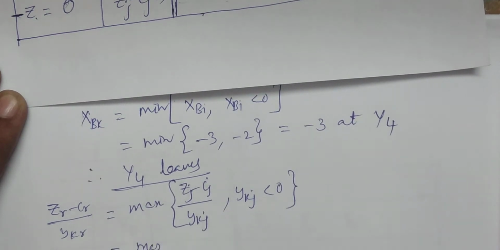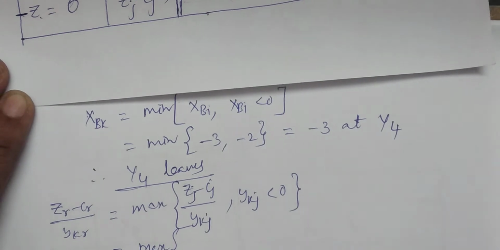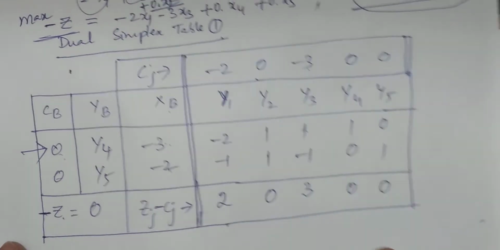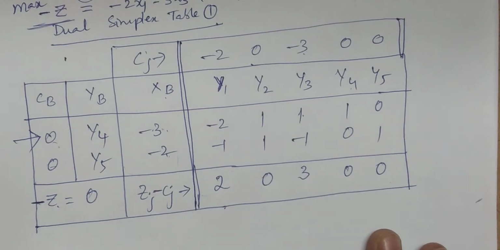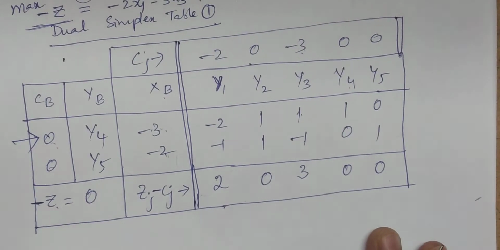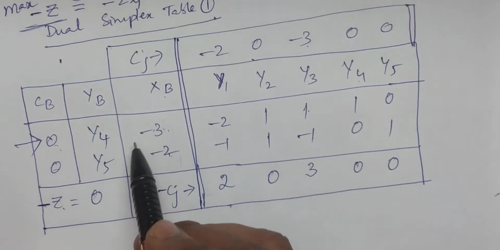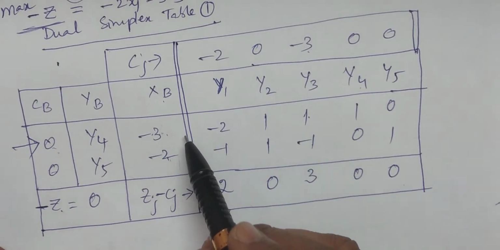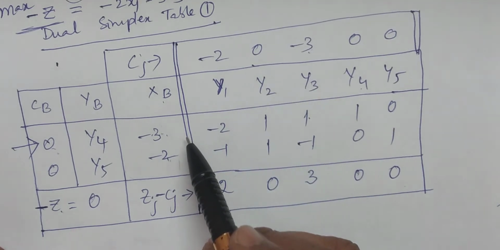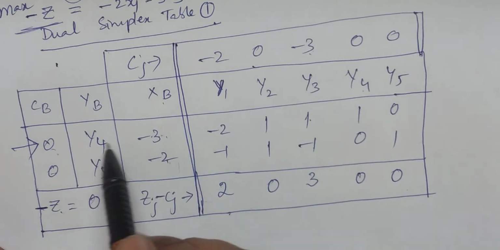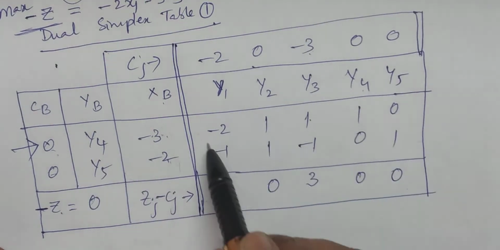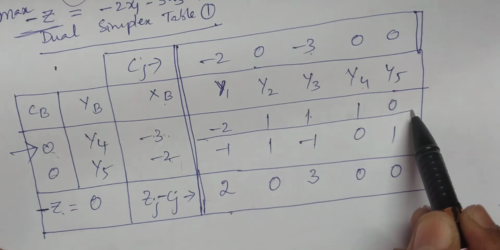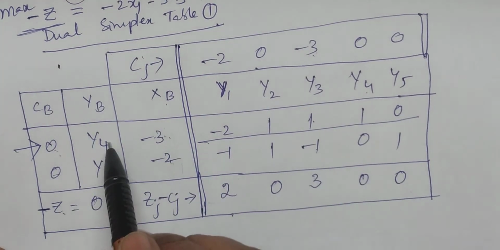Once it is decided which vector is going to leave the basis, you consider this entire row, corresponding to y4, which is going to leave the basis.